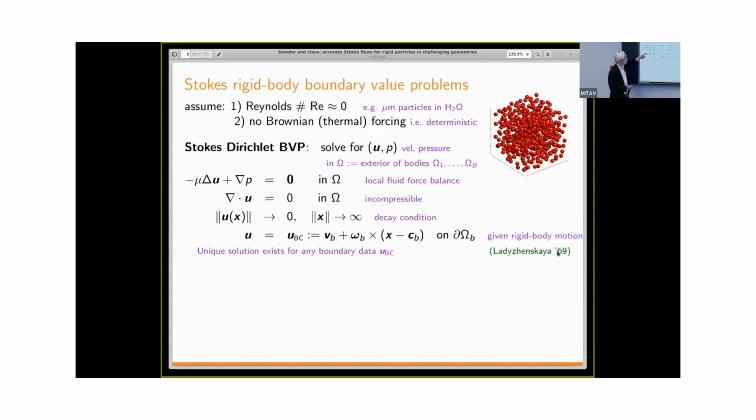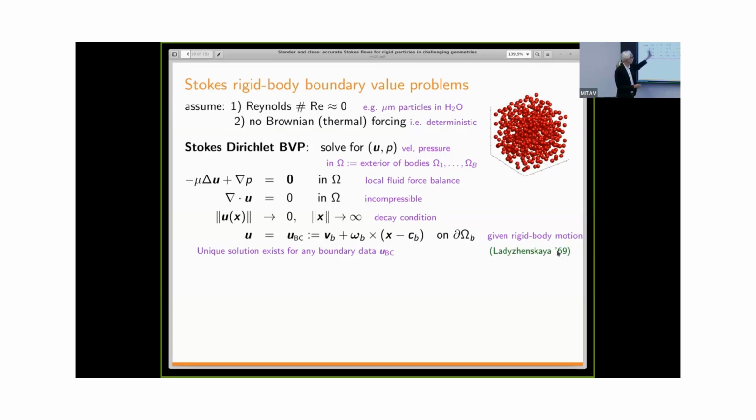So the flow is going to decay towards infinity, and you apply a boundary condition on the fluid flow. One boundary condition you might be interested in applying is rigid body motion. If there's no slip, and these are just objects that are rotating and dragging the fluid with them, but it doesn't really matter what the boundary condition is.